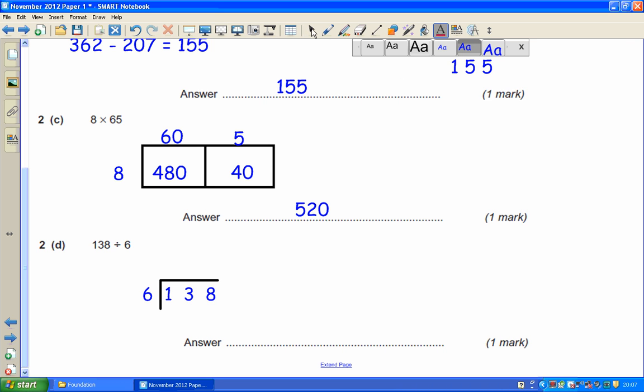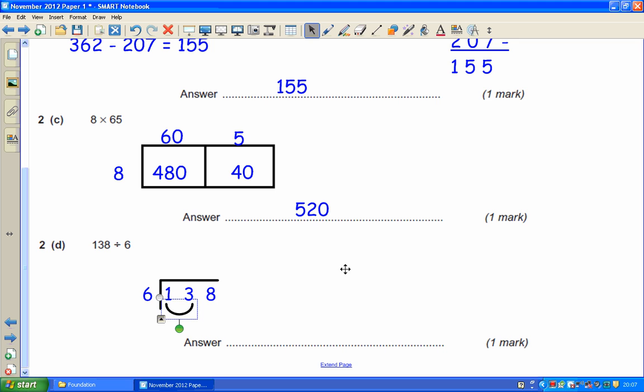138 divided by 6. So again, I'll do it as a bus shelter because I think that's probably what most people will do, but I'll show you other ways of doing it as well. So start off, 6 into 1, well, 6 doesn't go into 1, so we combine them together.